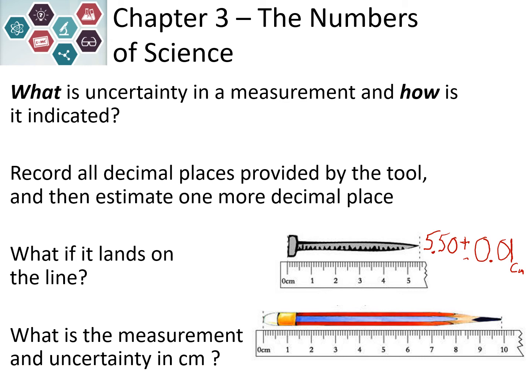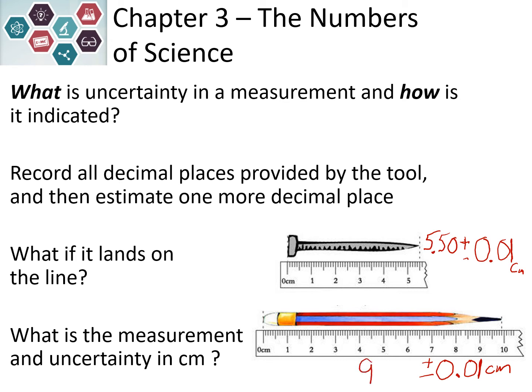So try recording the measurement and the uncertainty for the pencil. Well, if we start with our uncertainty, we know that we can read the ones place, the tenths place are marked, so our estimation is going to happen at the hundredths place.